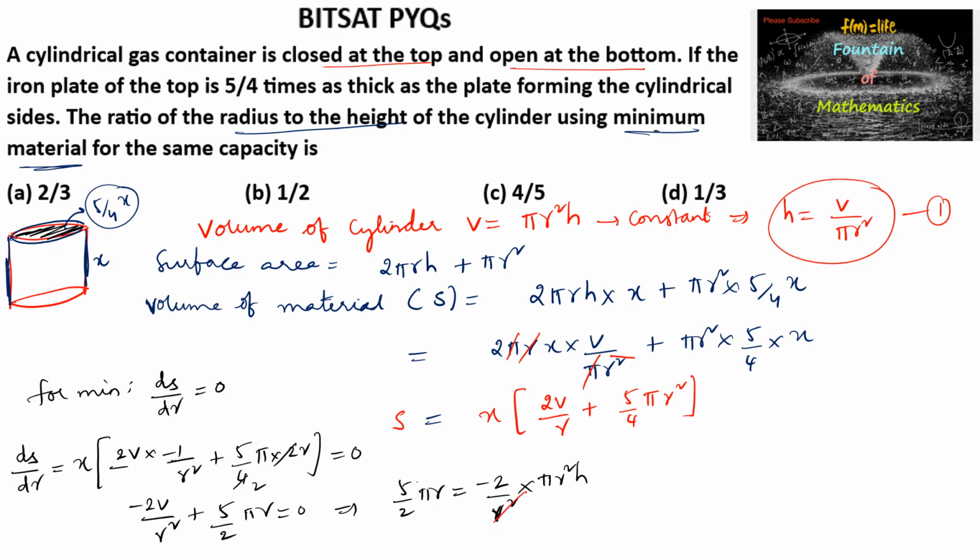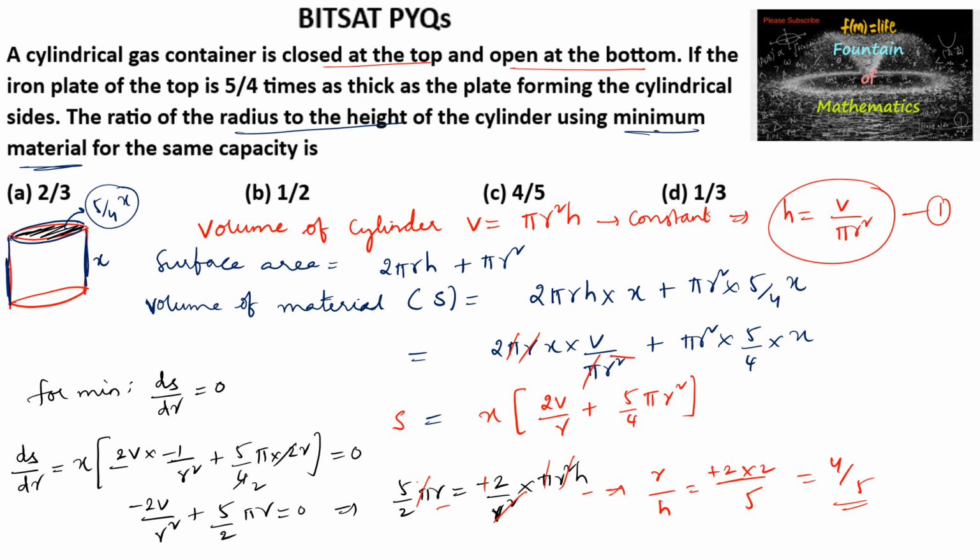So we can cancel r square and even cancel pi on both the sides, and hence we can say r upon h is equal to, so 2 into 2 upon 5. So we can say this is 4 upon 5.